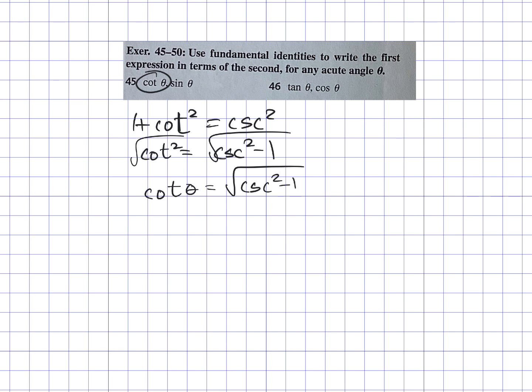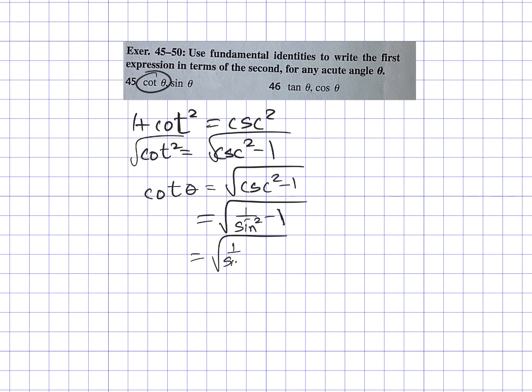Okay, so the cosecant squared minus 1, we need it in terms of sine now. So cosecant is the same thing as 1 over sine. So this is 1 over sine squared minus 1. But you can't leave it like that. If you have a fraction inside of there, you need to go ahead and get a common denominator and see what happens. Again, this is all under the radical.